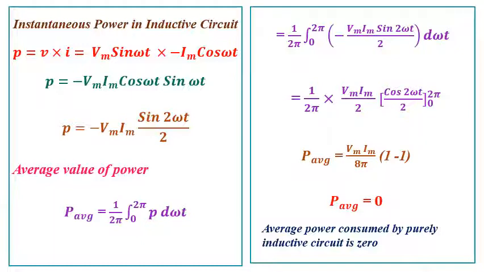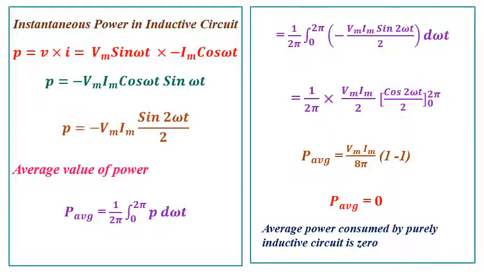So what is actually happening to the power? In the case of an inductive circuit, during the positive half cycle, the inductor charges by consuming power from the supply. And during the negative half cycle, the inductor discharges and gives this power back to the supply.